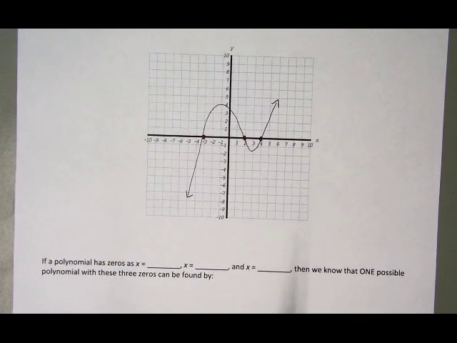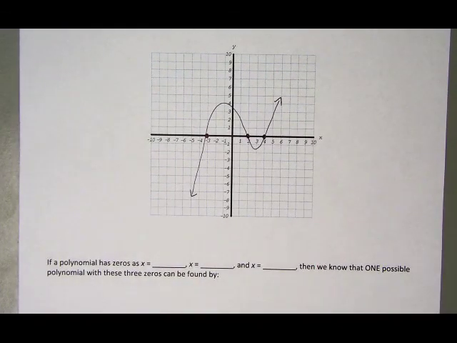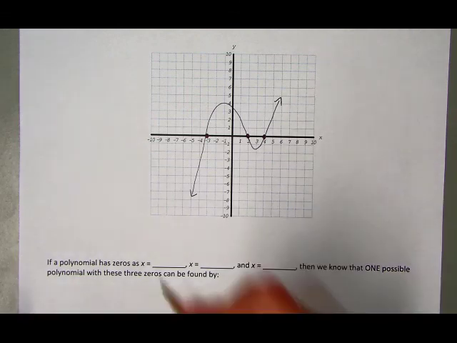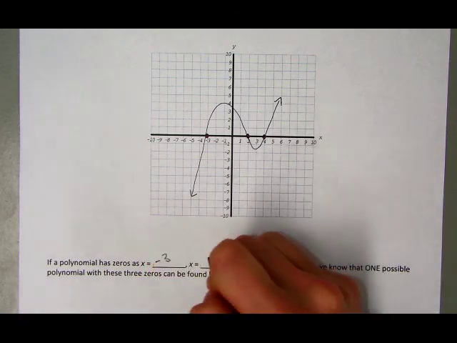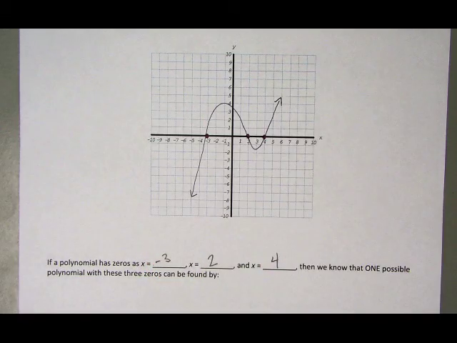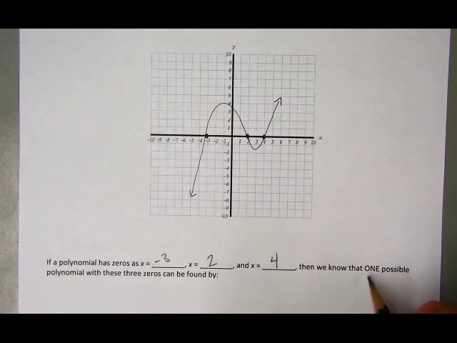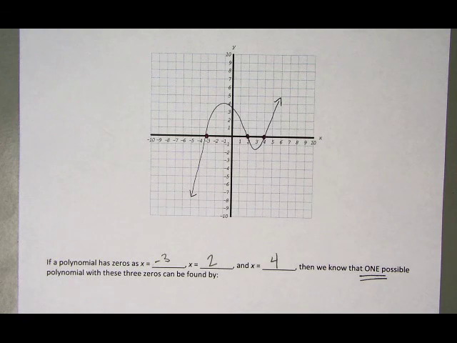So if we look a little bit further down on your page, if your polynomial has zeros at x is -3, x is 2, and x is 4, then we know that one possible polynomial, and obviously there can be many, is what we want to come up with.